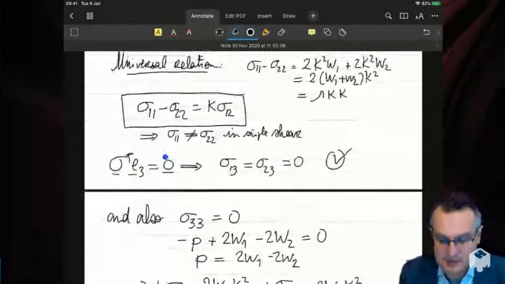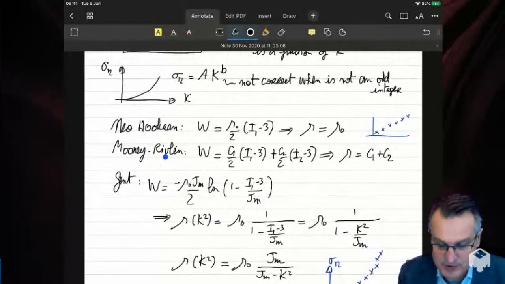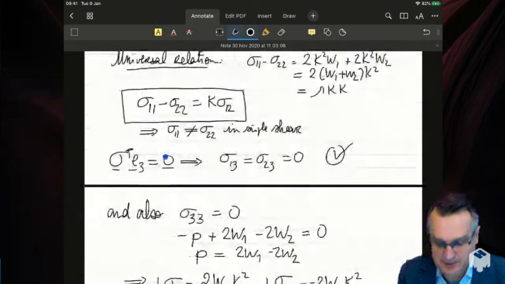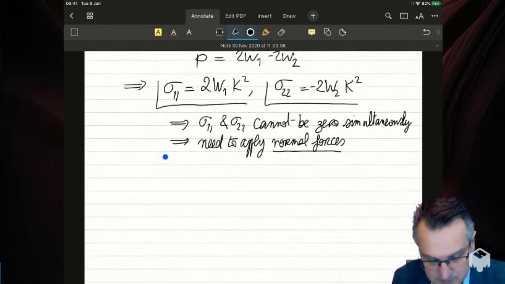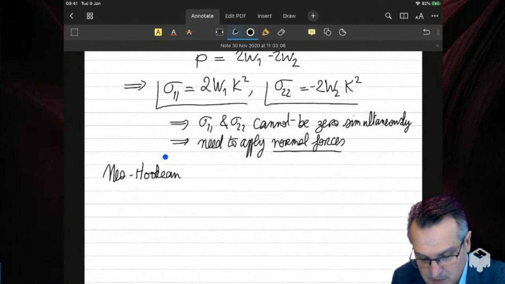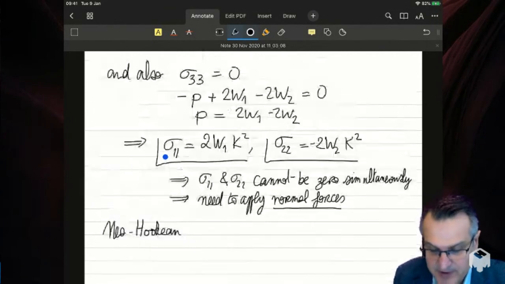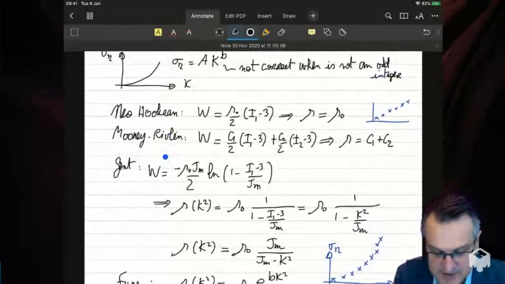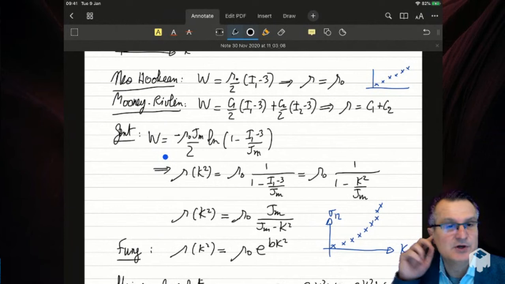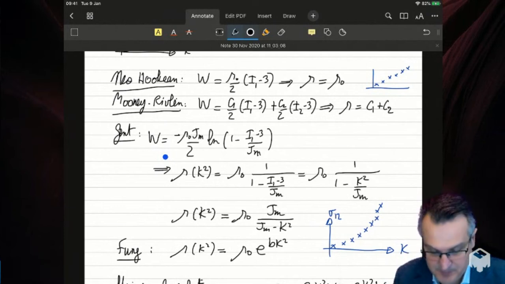So let's look at those examples I had earlier. Newtonian, mu 0 over 2 (I1 minus 3), or in fact, for that matter, Gent and Fung. You can see these are 3 examples of strain energy that do not depend on I2.